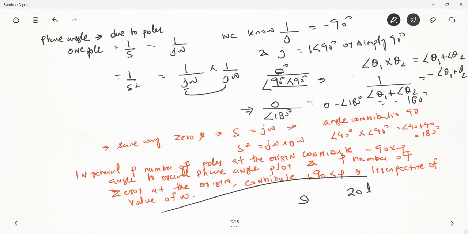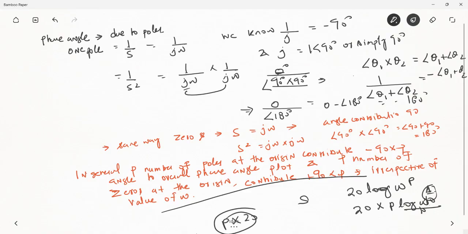So you have straight away 20 log, replacing that value by omega, omega power p. So this can be written as 20 into p log omega. Put the 10 to the base 10, this will become 1. So in short, it is p into 20.